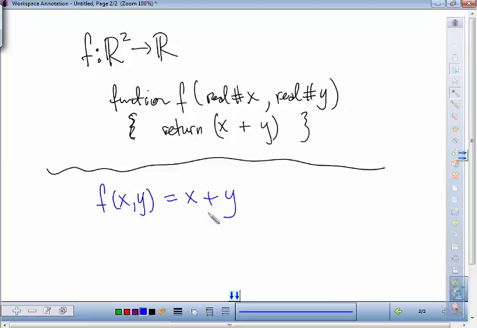So we can write it like this, and then now we have a function of two variables, x and y. Our function of two variables can be written as f parentheses, and then the two variables that you're talking about, is equal to x plus y, or whatever.